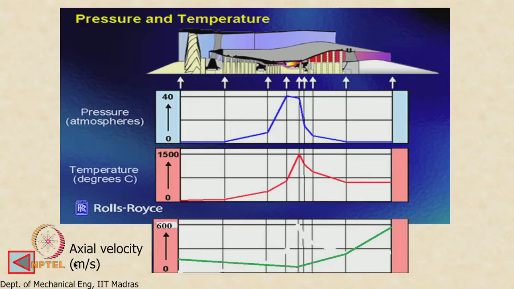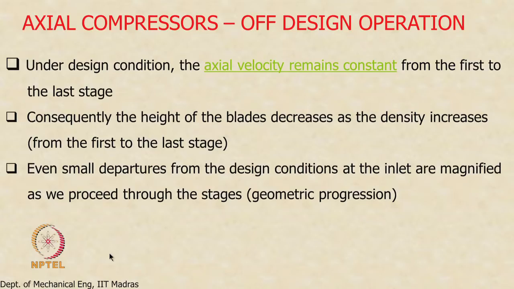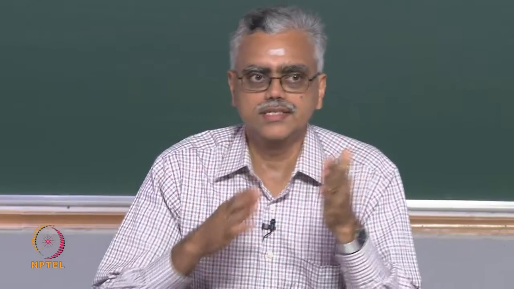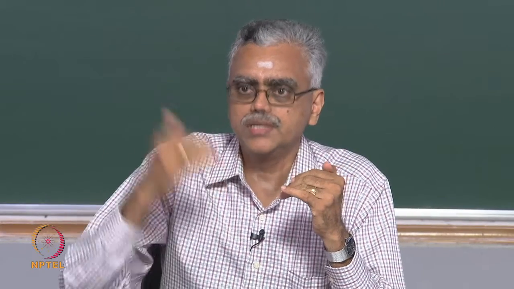So, when you design the blade that way, the height of the blade decreases because, as you know, m dot is rho times A times axial velocity, that is the mass flow rate passing through each section, and if the velocity is to remain constant, the density increases from inlet to outlet. So, when the density increases from inlet to outlet and velocity remains constant, you need to bring the area down, right.